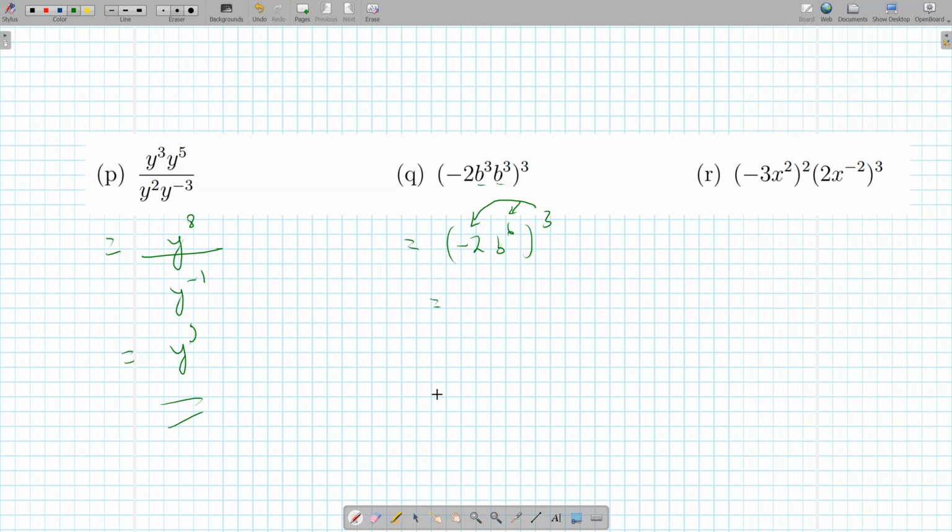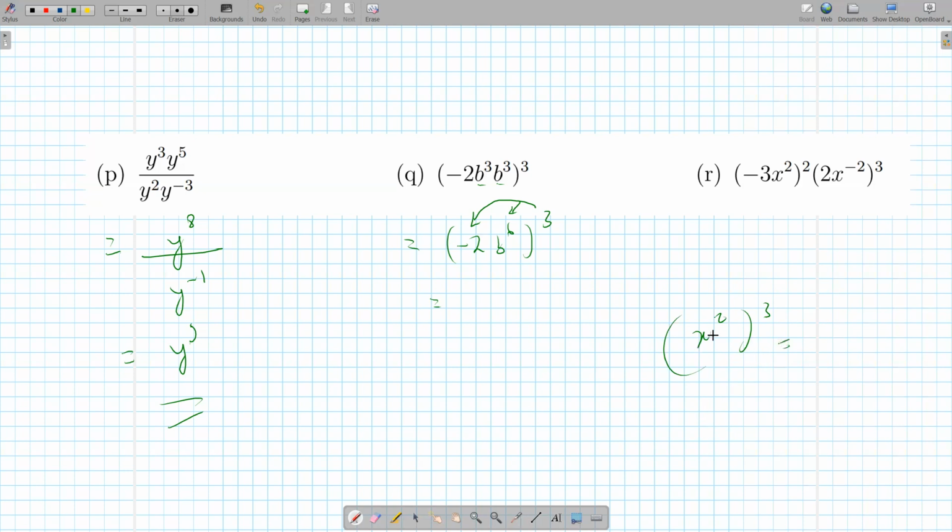Nope. Negative 6B is just negative 6B? So the power of 216? Nope. It's too much. All right, here, look at this. Let's make it easier. X squared to the power of 3. What is that?